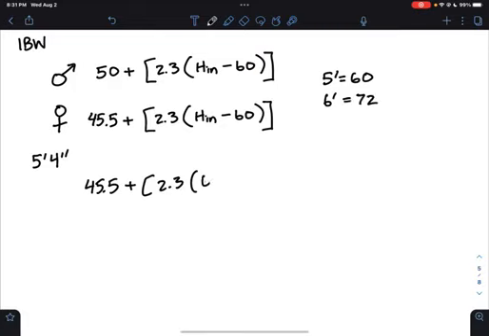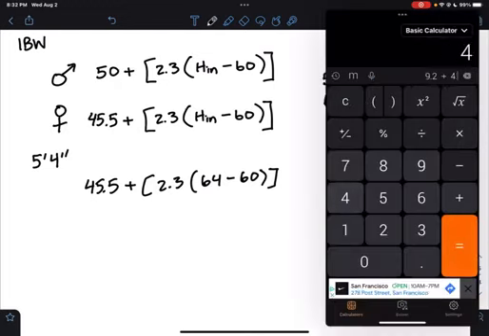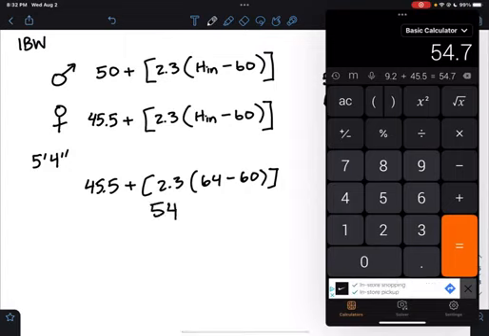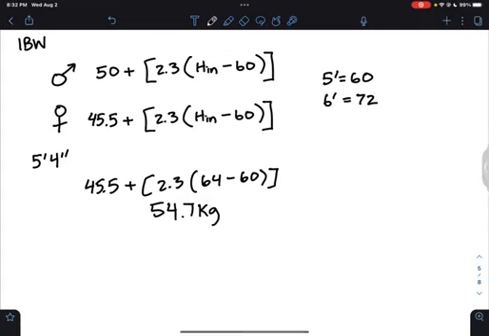So it would be 64 minus 60. If you do your calculations, 4 times 2.3 plus 45.5, I get 54.7, and this is kilograms for my ideal body weight.